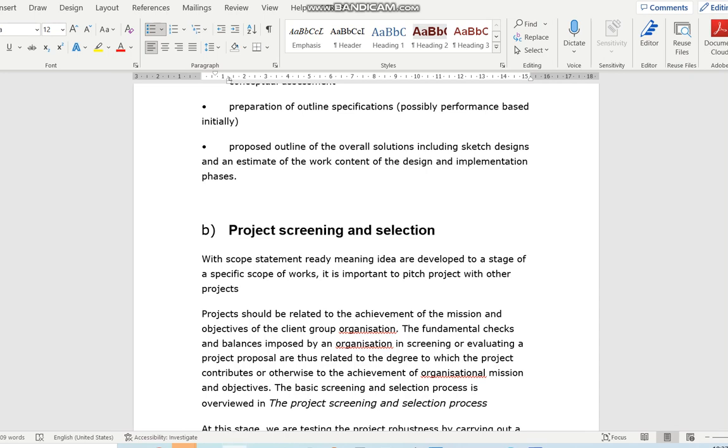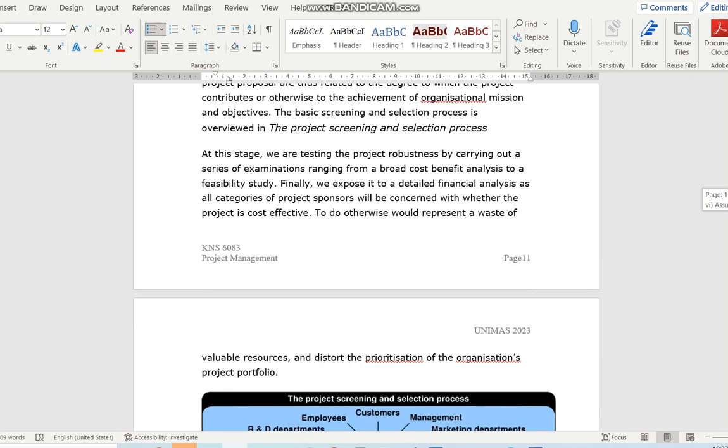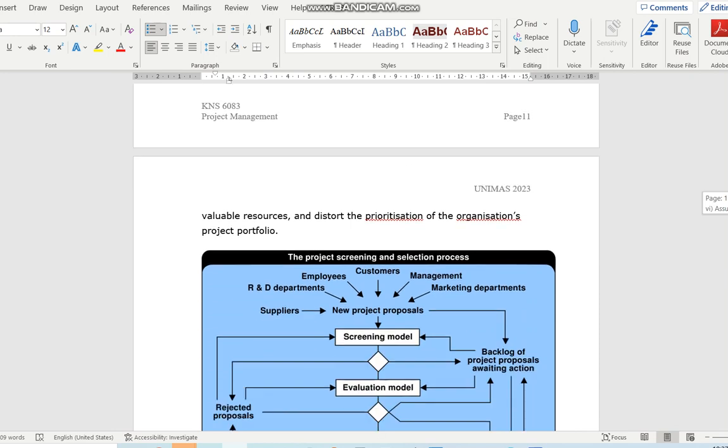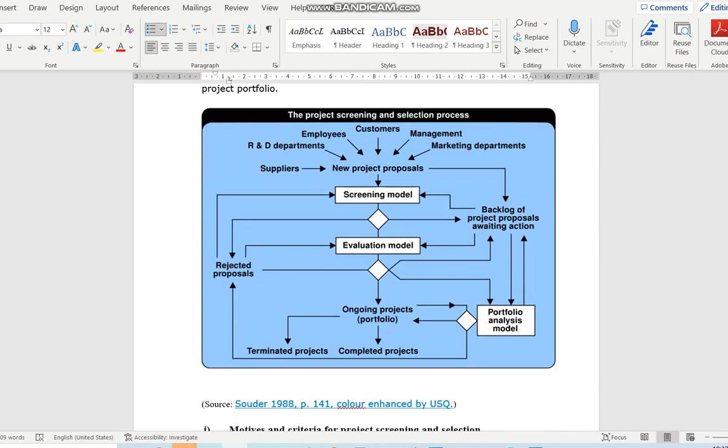So in this project screening, we are looking at a range of benefits that the project, your idea, will bring. This is idea versus idea, so it's not even options yet.